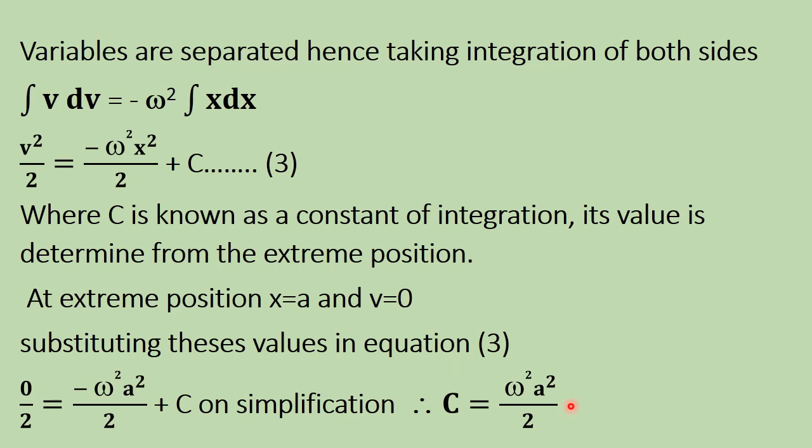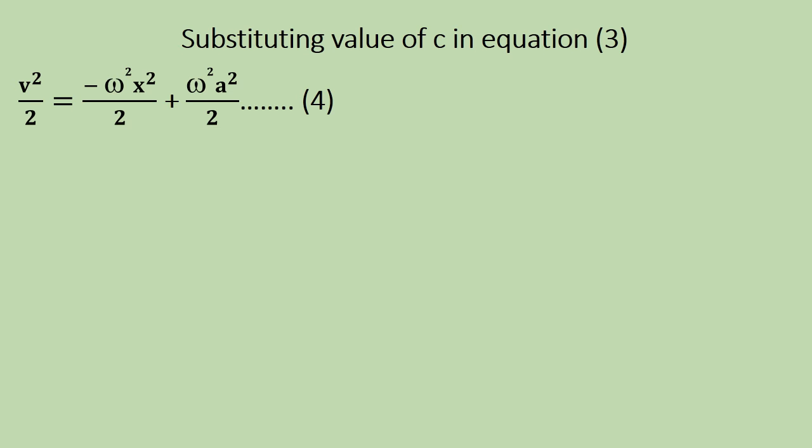Substituting the value of this constant of integration in equation number 3, we get v square upon 2 equal to minus omega square x square upon 2 plus omega square a square upon 2.